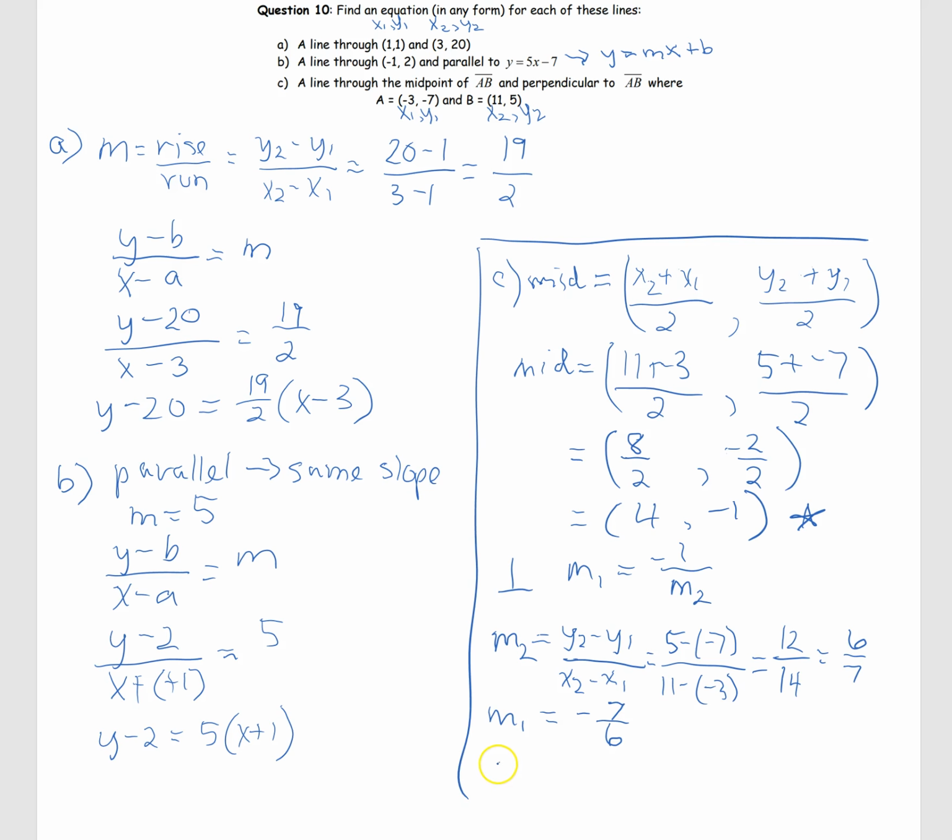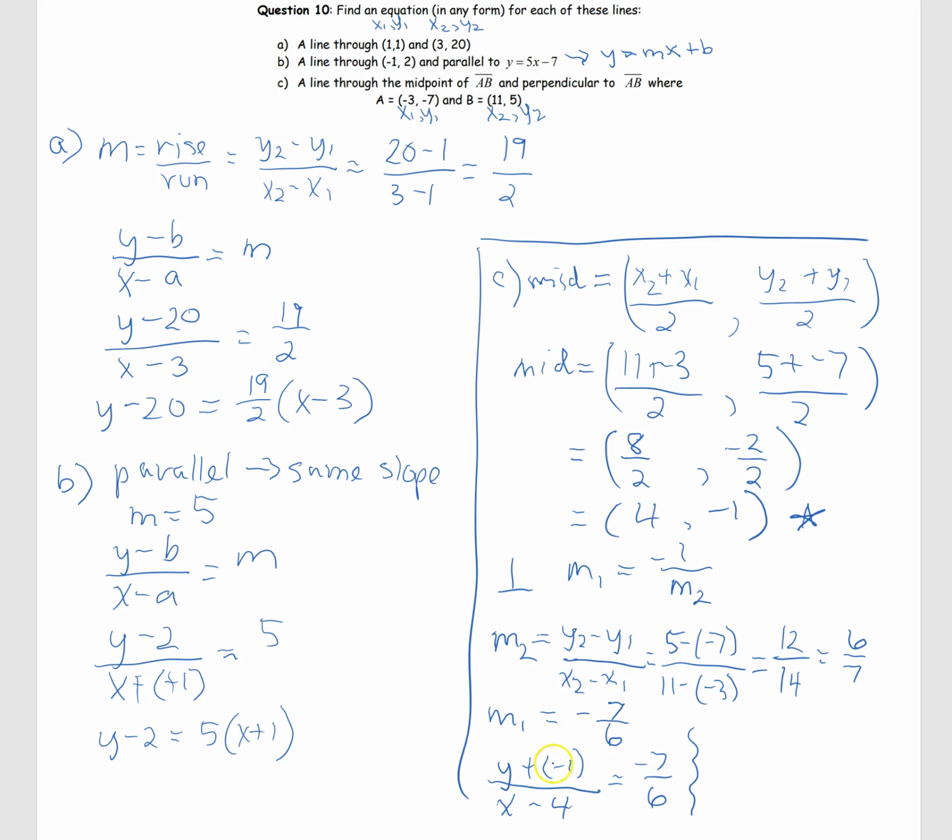So this gives me y minus -1 over x minus 4 equals our slope m, which is -7/6. And just rewriting that over here, sorry, this is getting a bit squished.